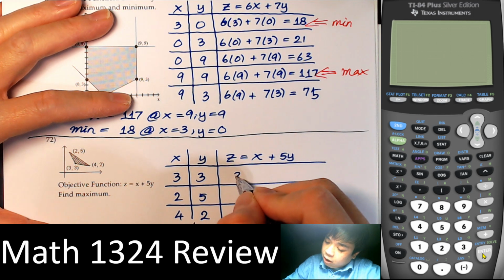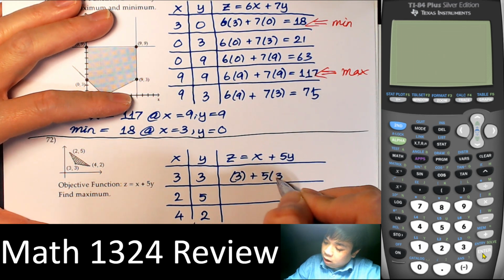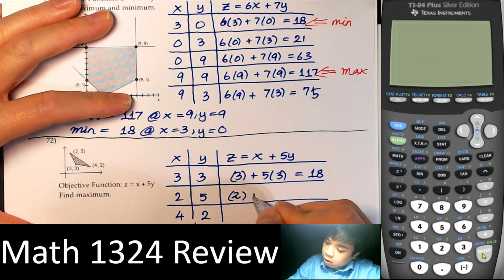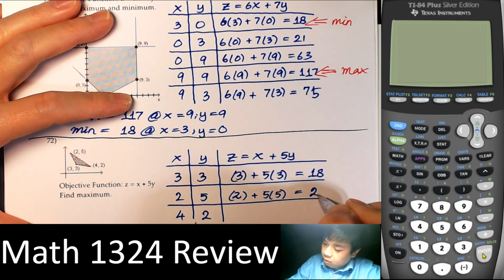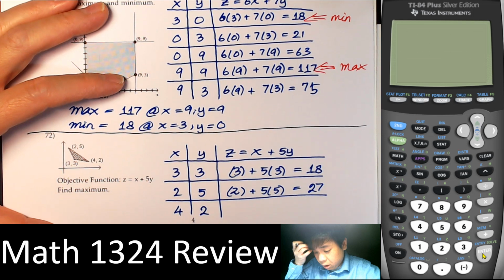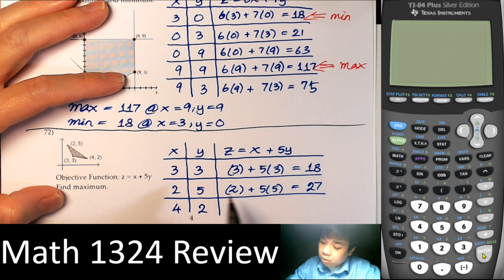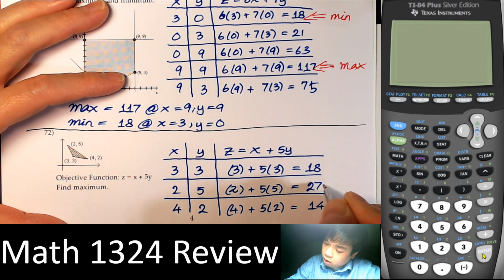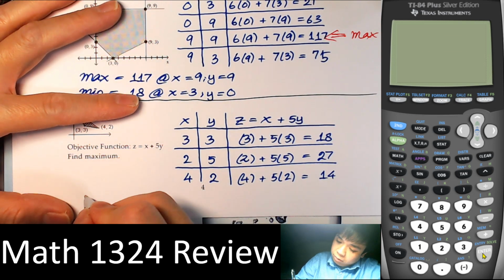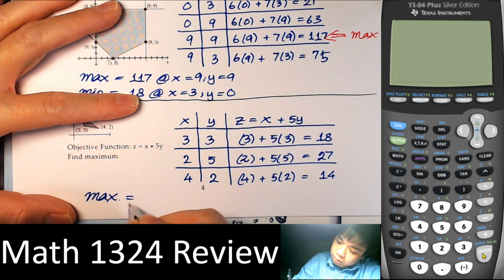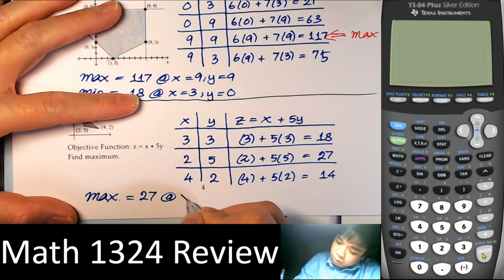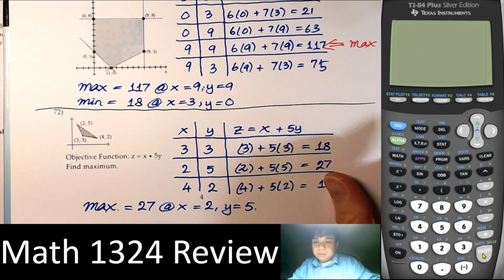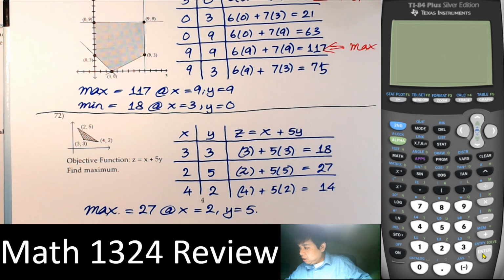Now this is x plus 5y at 18, x plus 5y 27, and then, no, this one just find the maximum, and then x plus 5y at 14. Of course the maximum is 27, at x equal to 2, y equal to 5. Right, so that is that.